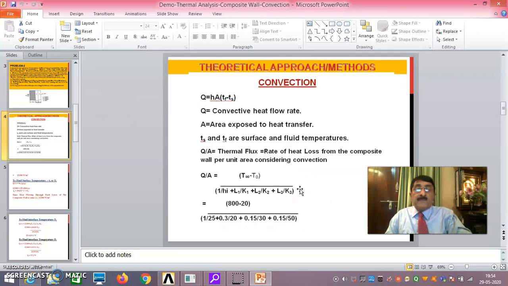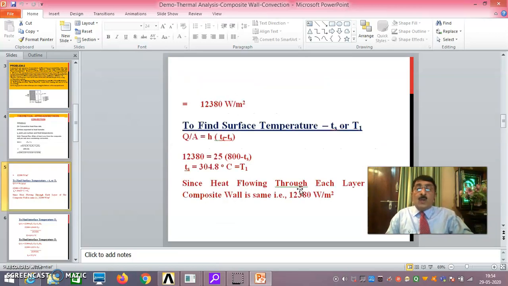In that way, to find the surface temperature T1: Q by A is 12380, H is the film coefficient 25, TF the fluid temperature 800 minus TS.